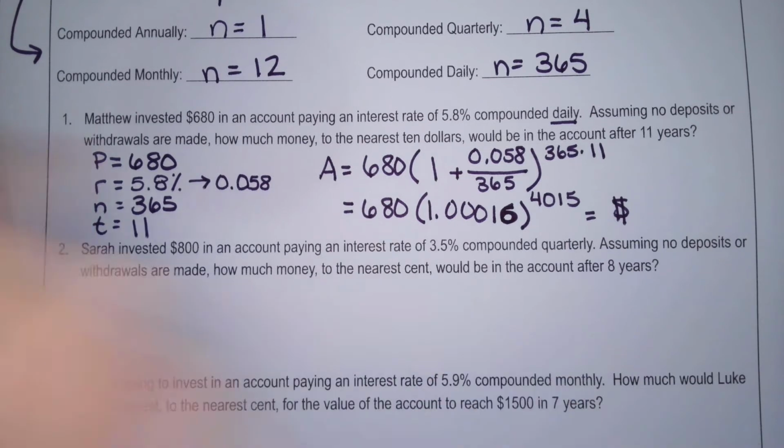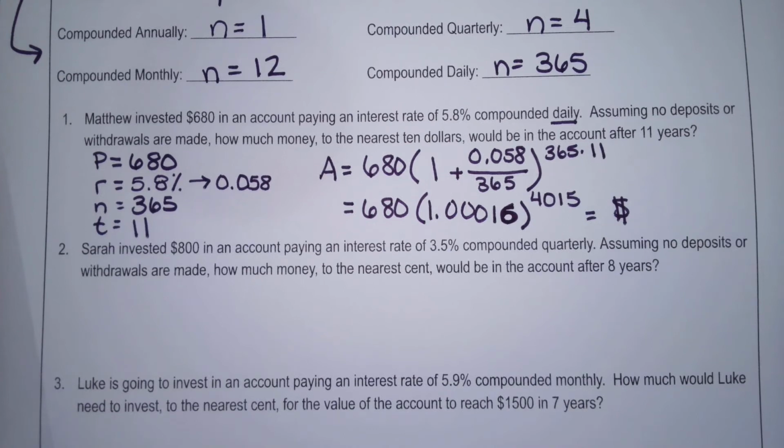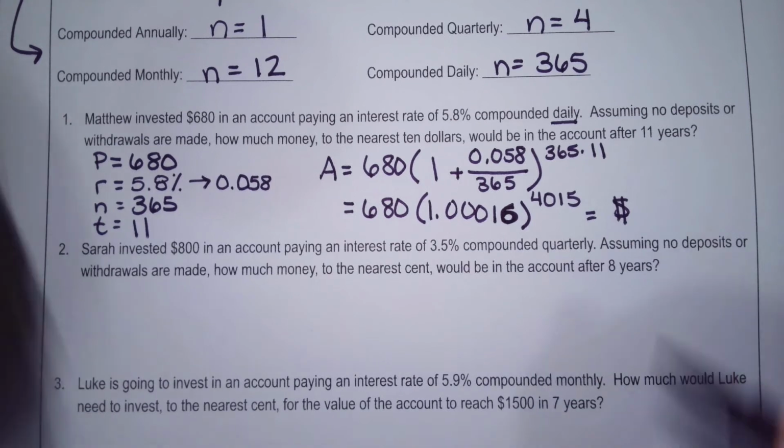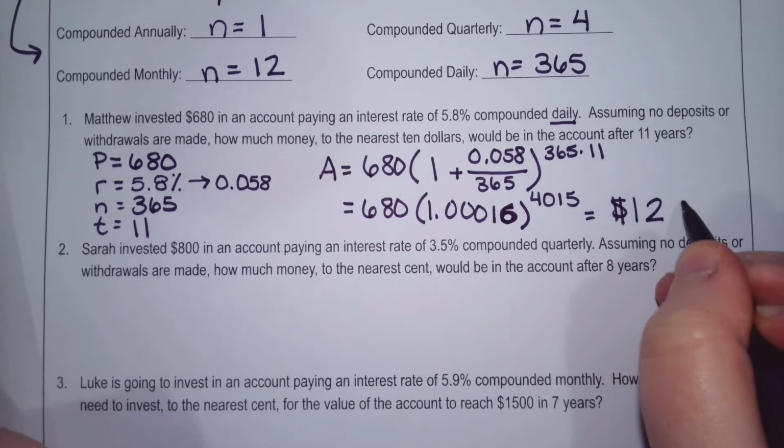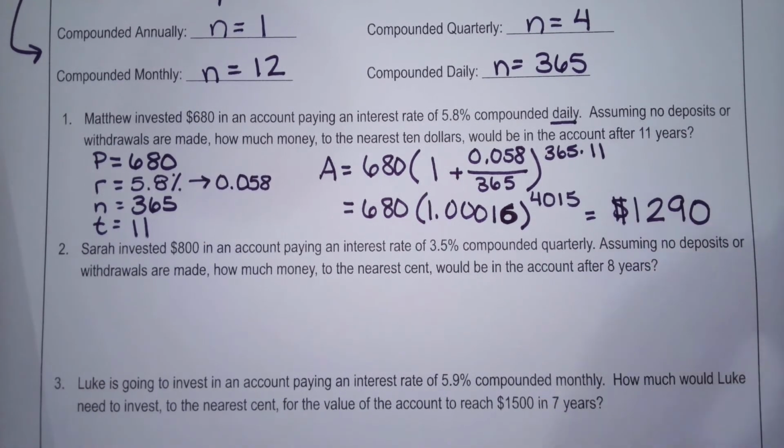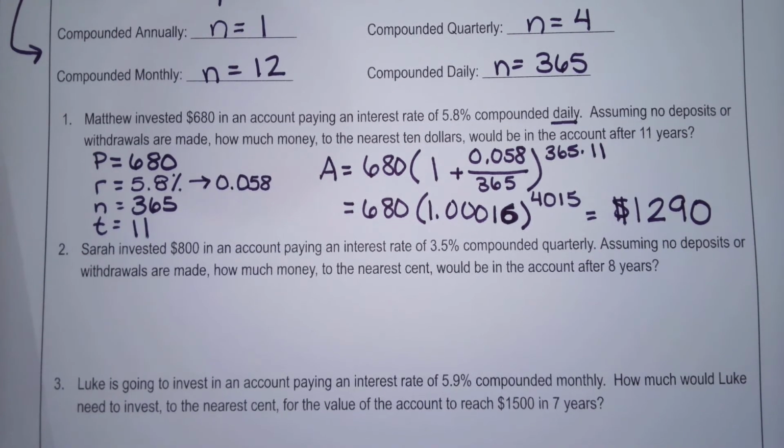Now I'm going to plug this whole thing in. And we get $1,286.96, but it says to round to the nearest $10. So this is going to be $1,290. So make sure you follow what they want you to round to.